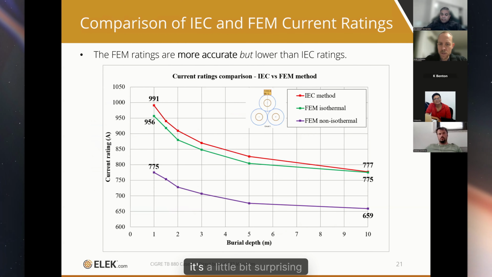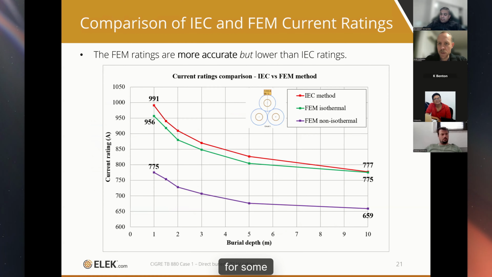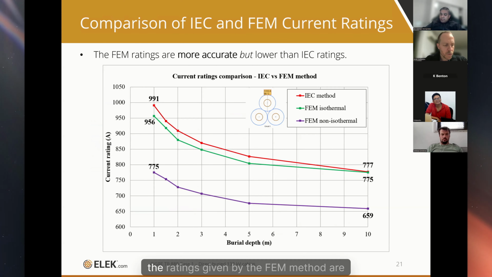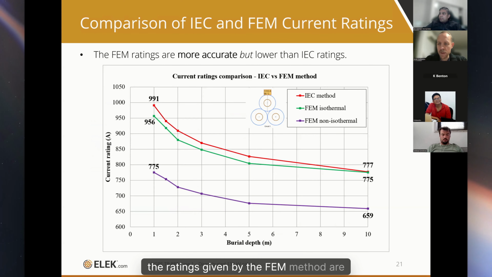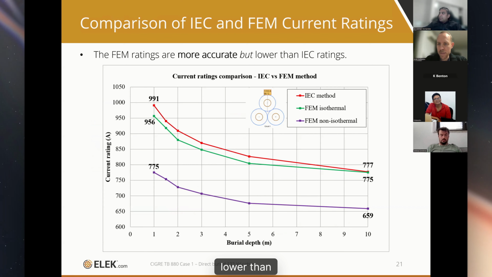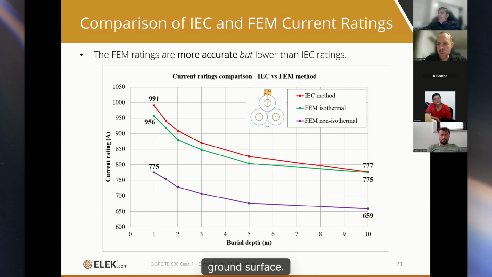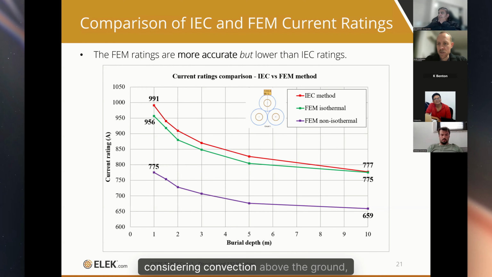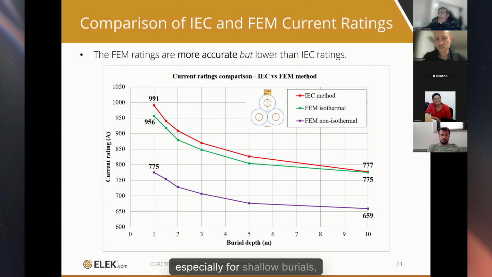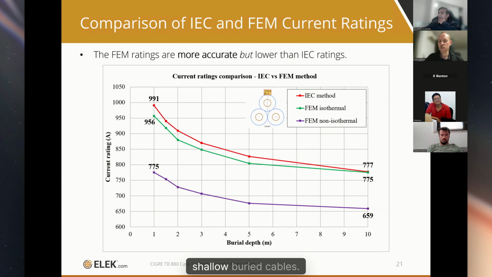It's a little bit surprising for some in that the ratings given by the FEM method are lower than the IEC method, particularly where you are using a non-isothermal ground surface, so considering convection above the ground, especially for shallow buried cables.